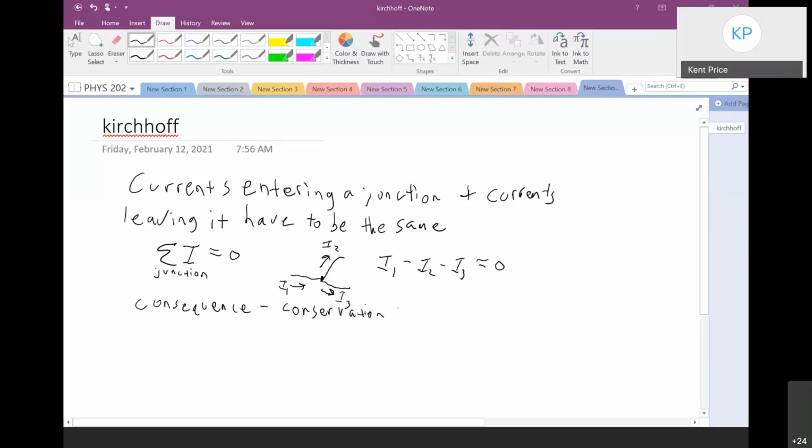So this is always true. We have never observed a case where the law of conservation of charge is violated in nature. Because Kirchoff's junction rule, the current rule, is a consequence of the conservation of charge, we've never seen a violation of that in nature either.